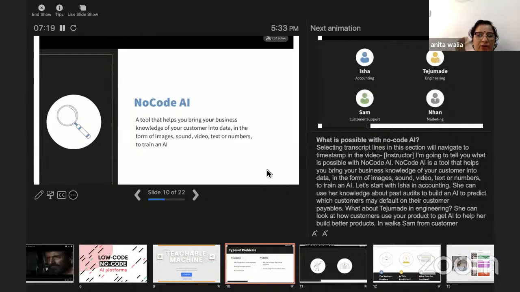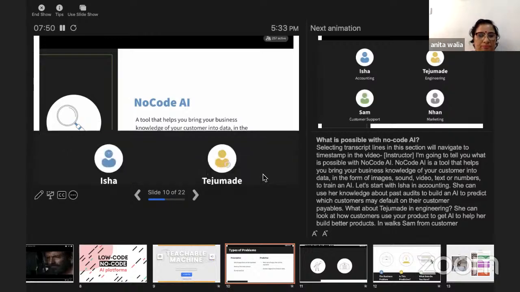For example, you record certain sounds and have a database of sounds, and can no code AI identify the source of that sound? Can it identify a dog species from a set of images? Whether it is text or numbers, can we train the AI? So let us start with some examples.